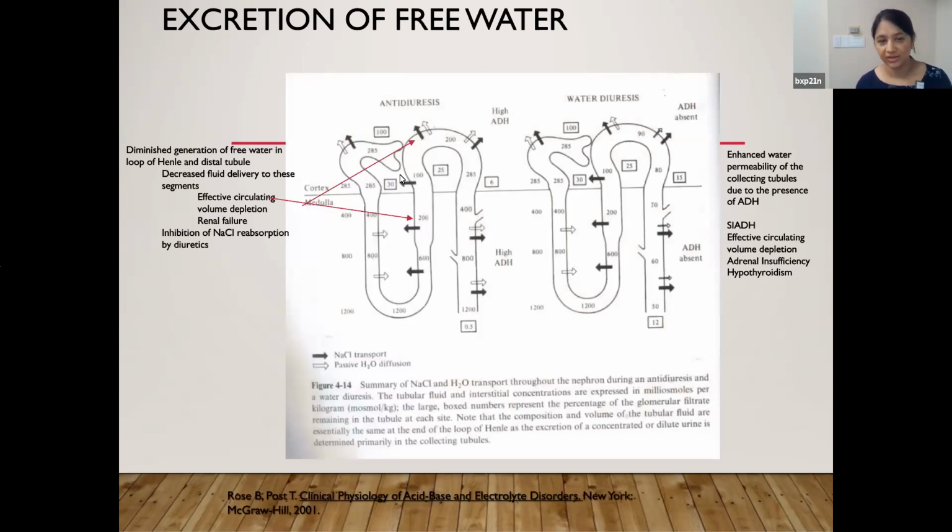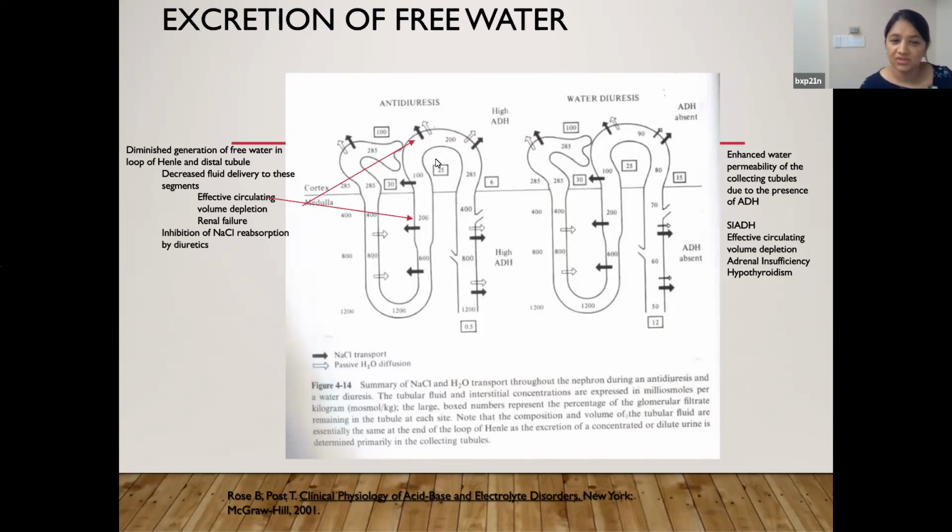Now the excretion of free water. So if you see, this is the nephron segment, and when the plasma is being filtered, you have this 285 in the proximal tubule. As they go in at the depth of the loop of Henle, you're very concentrated because you're absorbing water here, and then as you move up, the salt is being absorbed in the ascending loop of Henle.